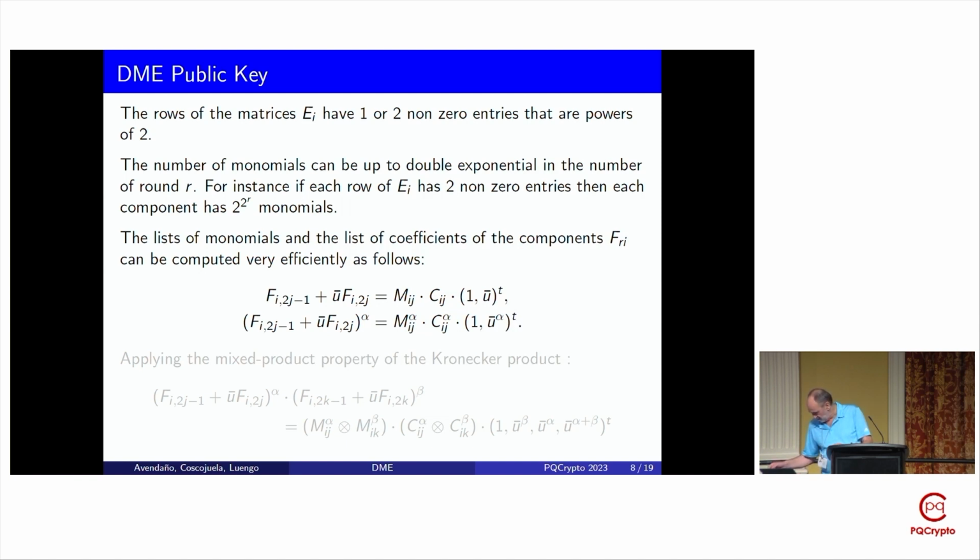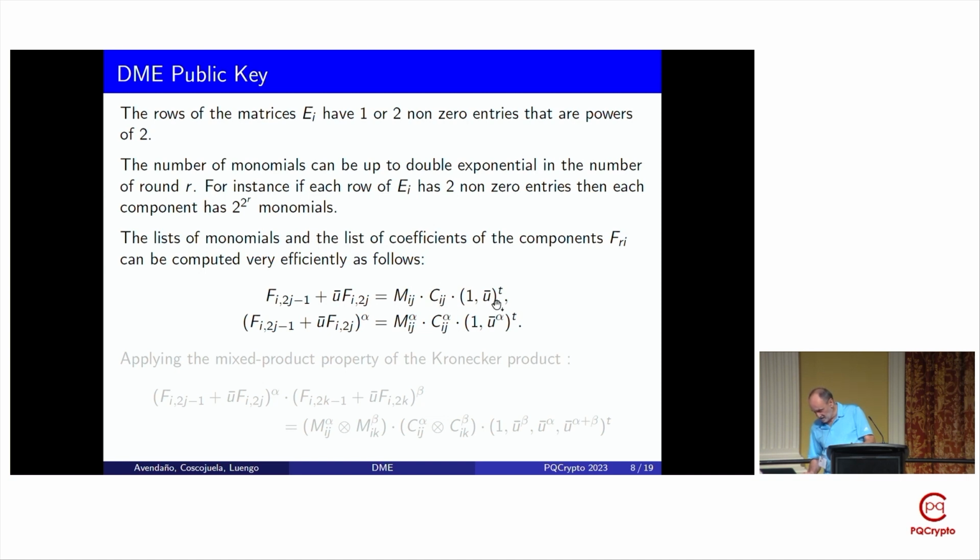We present the polynomial in F_q squared in a matrix way. M is a vector matrix of monomials, this is the matrix of coefficients, and this is the base.